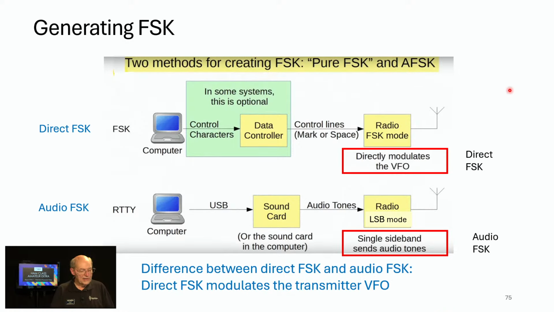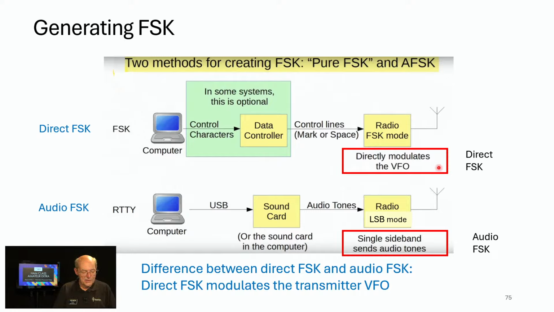So how do we create frequency shift keying? Well, there's some controversy in the ham radio world between these two methods. Let me explain them first. We have a direct FSK, frequency shift keying. We've got a computer. It generates ones and zeros, basically, on a control line to the radio. And those ones and zeros are highs and lows, turns out.